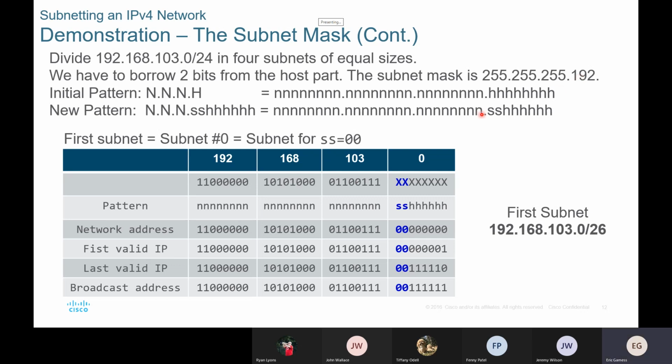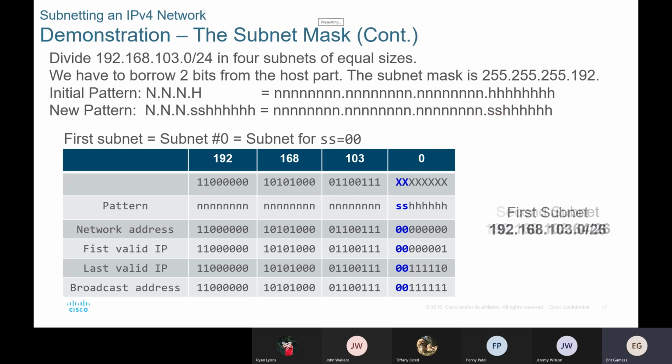So these SS 2 bits can have 4 different values: 00, 01, 10, and 11. If you look at this slide, it talks about when we put these 2 bits in 00.